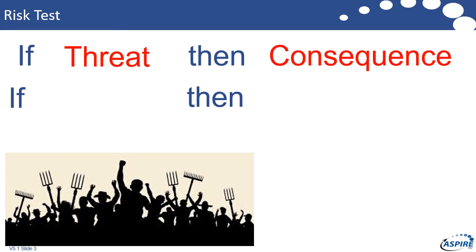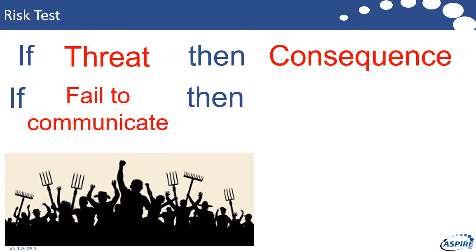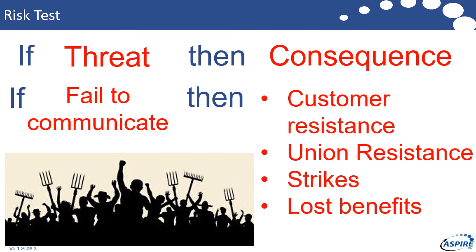So we knew we had some problems in this area. And what I did was I went back and looked at my risk register and actually realized that the threat was, if we failed to communicate effectively during this program, then we were going to get customer resistance, union resistance, potentially strike action, and we'd lose the benefits of the program.